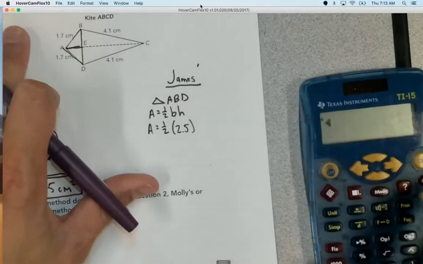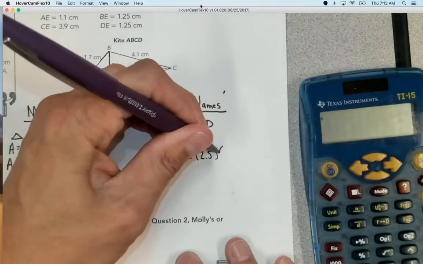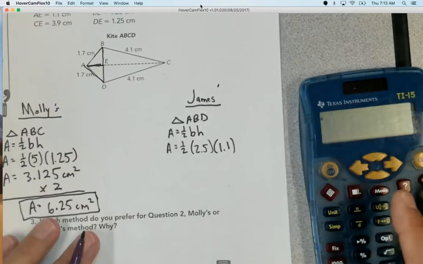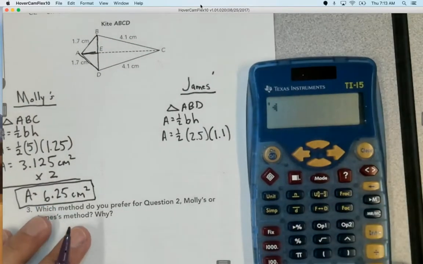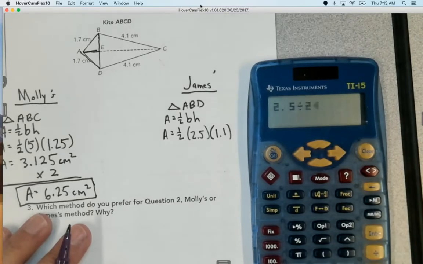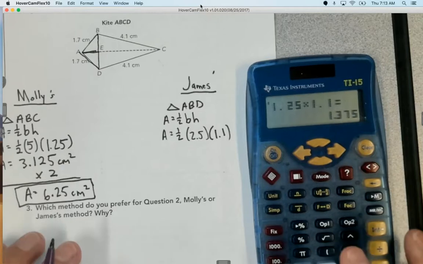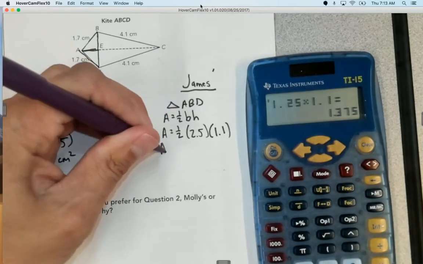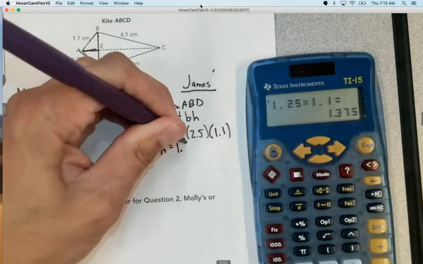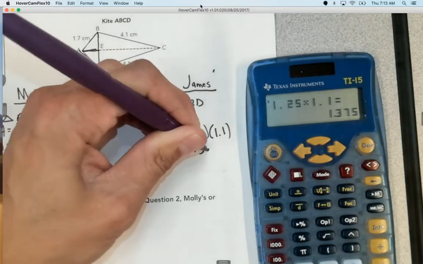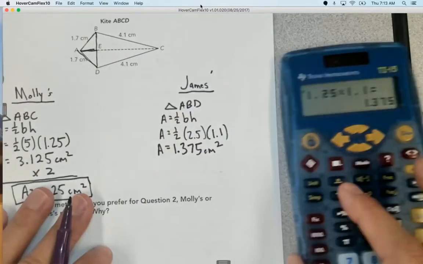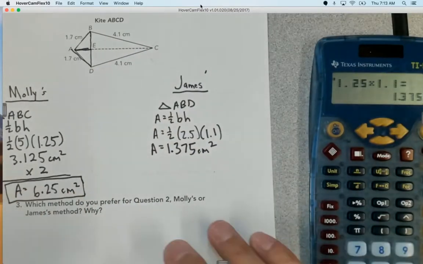And so now we look at AE, and AE is 1.1. Okay. Now, I take 2.5, I divide it by 2, and then I multiply that by 1.1 to get my area of that triangle, which is 1.375 centimeters squared. Now, I can't just double this one because the other one is completely different.